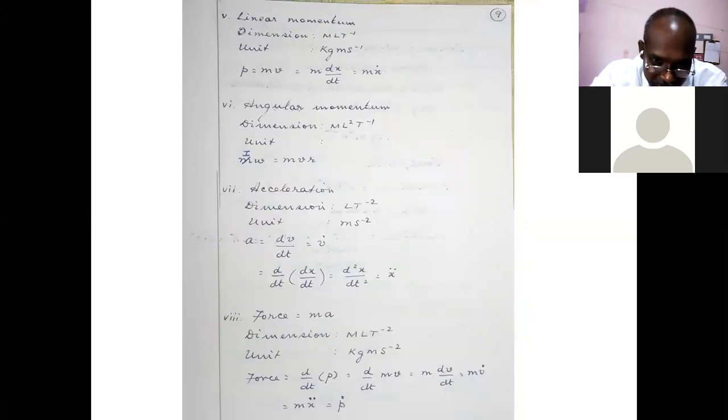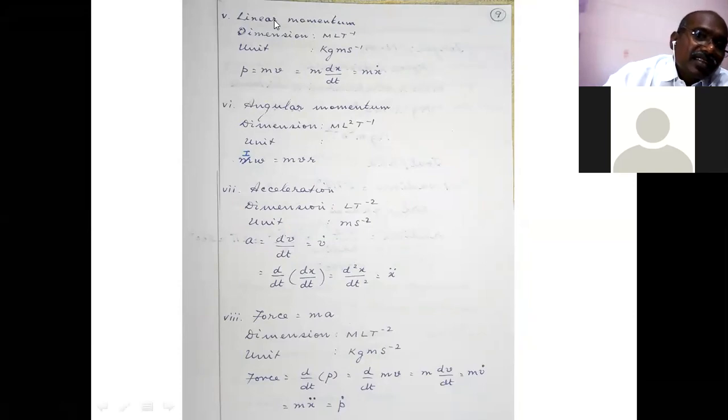So the last class we just stopped here. Force is a dynamical variable. Force is mass times acceleration. So its dimension, even we can see from the beginning itself, so that we are a bit ahead of our syllabus. Therefore, we can go a little bit slow.